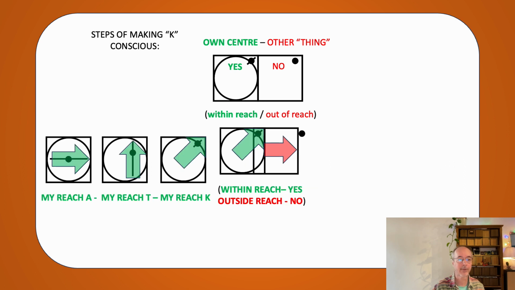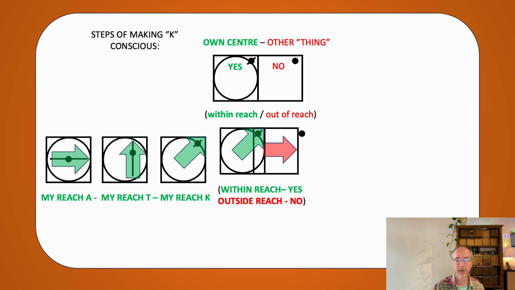But we come, of course, from ATK. So A is what is within my reach from my center point of vision. The T is this is my reach. This is what I know. This is what I can have a distinction here. Or it is with K. This is the reach that I can have.